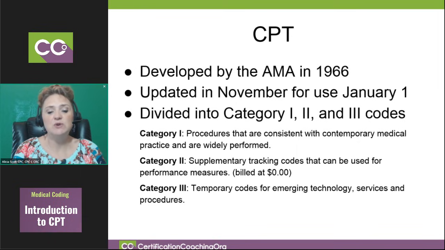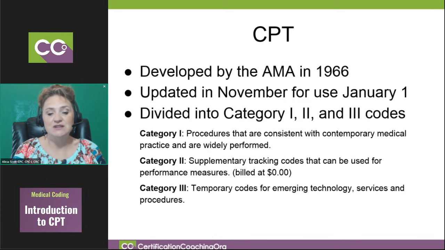And category 3 codes are temporary codes. They're mostly used for technology that's happening, services and procedures that are new. And we like to call those baby codes. They don't get to be grown-up real codes for a while. So what happens is these temporary codes are implemented.